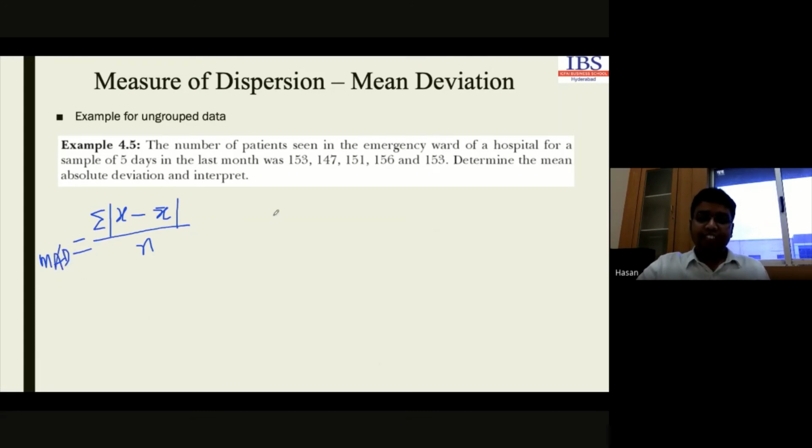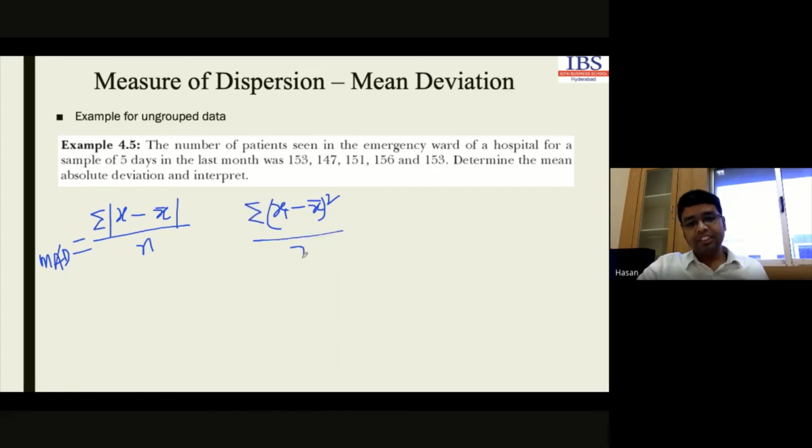Now, if we take the deviation and square it, again we can eliminate the sign effect. That means (x minus x̄) squared gives a positive value. If we add all of them and divide by the number n, it is known as mean squared deviation, MSD.